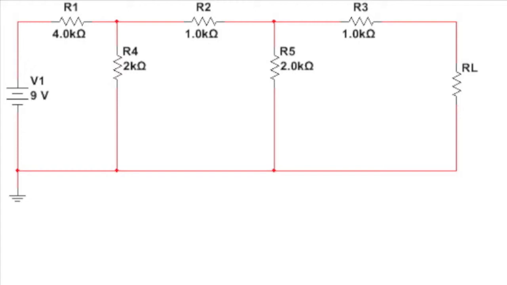Now, this caused a pretty big problem while I was developing this lab. Originally, I didn't have that large 4K ohm resistor R1 at the front end of the circuit. What happened was, as I was trying to get the system to work, I wasn't getting enough current through my circuit to get the correct voltages.